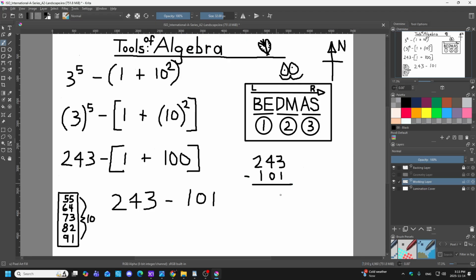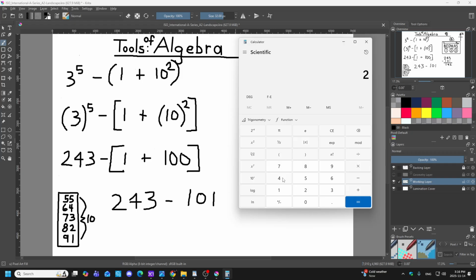But again, math is fun, and it is also good for the brain. 3 is greater than 1, perfect. I could straight subtract. 4 is greater than 0, I could straight subtract. Same thing, 2 is greater than 1, I could straight subtract. Okay, double check. 243 minus 101 is 142.